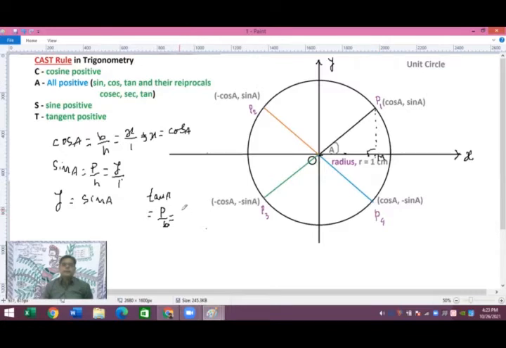So P1M is in fact the y coordinate, and the base is OM. OM is in fact the x coordinate, and the y coordinate we have just seen is sin A, so we can put sin A here, and the x coordinate is cos A, so we can write cos A here. This is true because if you divide sin A by cos A, then it will be tan A. But what did you see over here? We talked about sin A, cos A and tan A also.